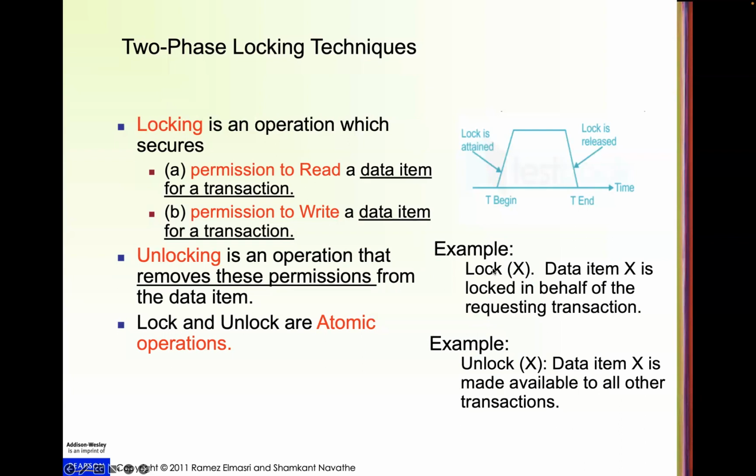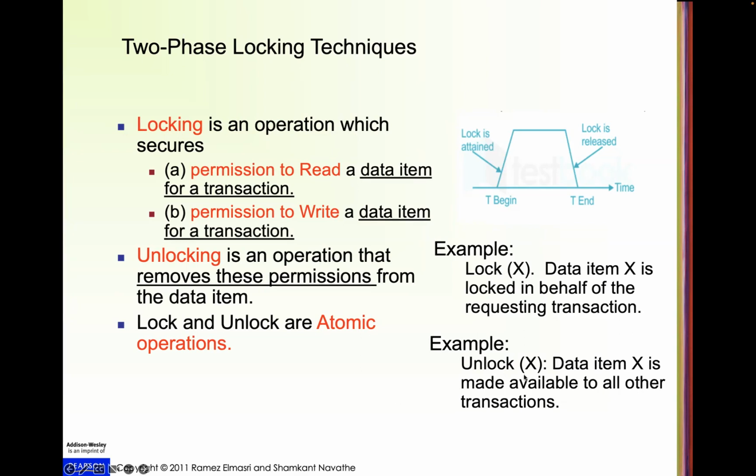An example is given here. It says that lock X is obtained on data item X on behalf of a requesting transaction. Any transaction can request a lock on X for reading, for example. So a lock is obtained on X, and data item X is given access to the transaction T1 to work on it.